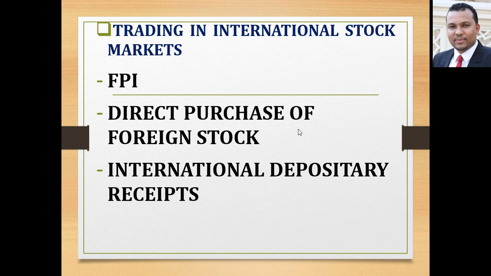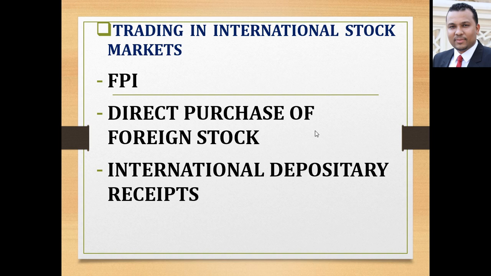Examples of brokers are like Boom's trading platform in Hong Kong. This is a broker that offers service for foreign investors. This is the first method for trading in international stock markets. The second method, international depository receipts, abbreviation IDR.